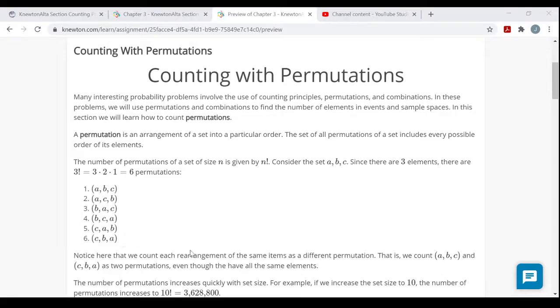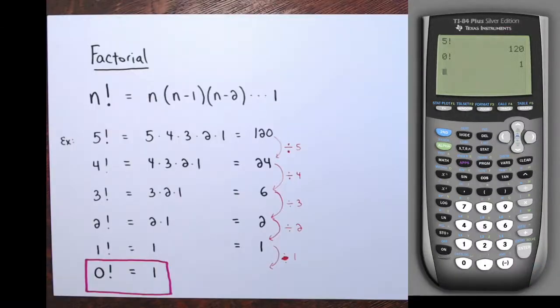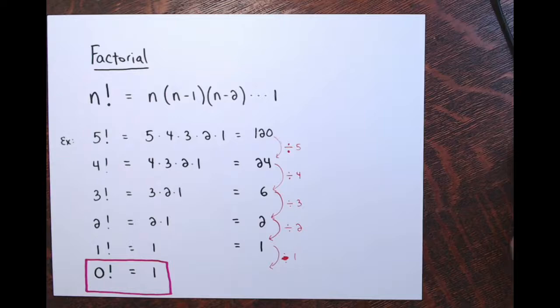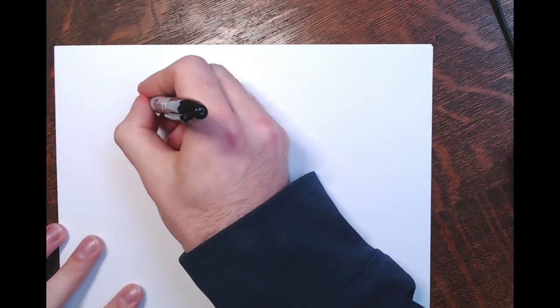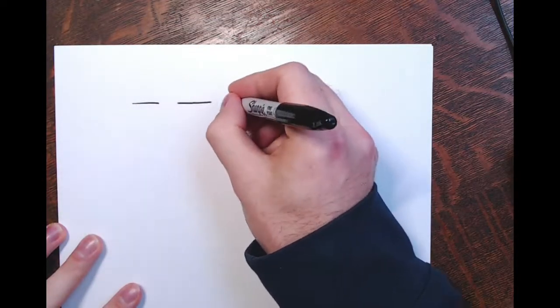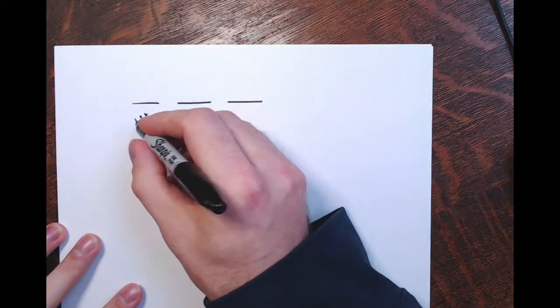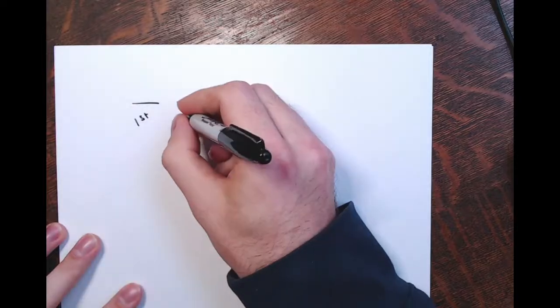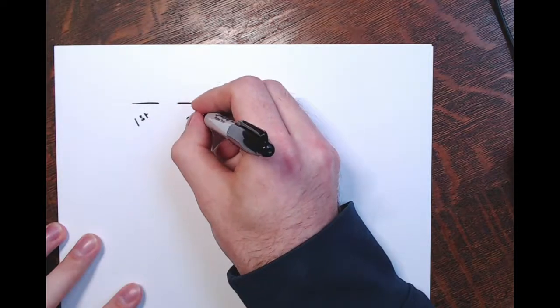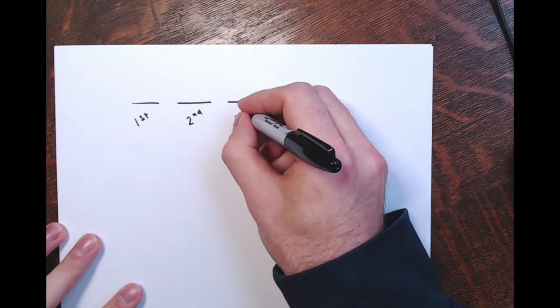And that really comes from the fundamental principle of counting. So if you recall the fundamental principle from last section, if I'm trying to rearrange 3 objects, think of 3 slots, 3 processes, where I pick the first object, then I pick the second object, and then I pick the third object, right?